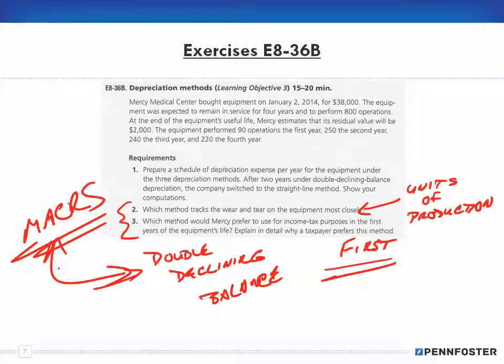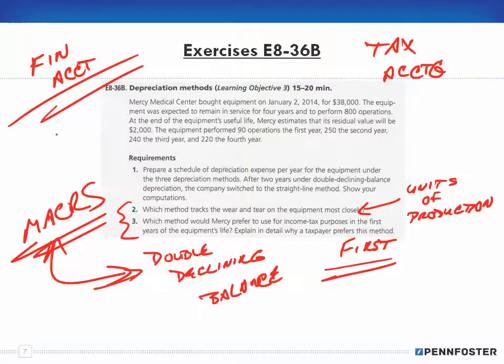So remember, you have financial accounting and you have tax accounting. Financial accounting is how you present your books financially for third parties, investors, for getting loans, this and that.